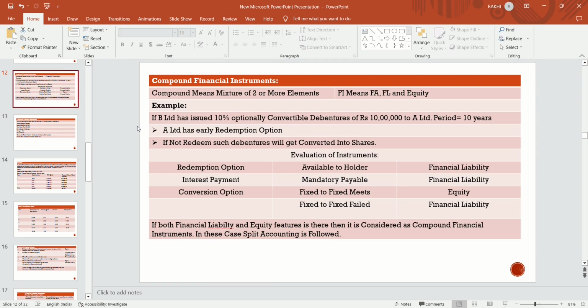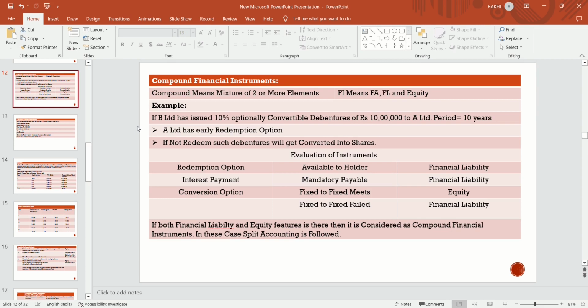Suppose B Limited has issued a 10% optionally convertible debenture of rupees 10 lakhs to A Limited for a period of 10 years, then how should it be recognized? A Limited has an early redemption option. If not redeemed, such debenture will be converted into shares.